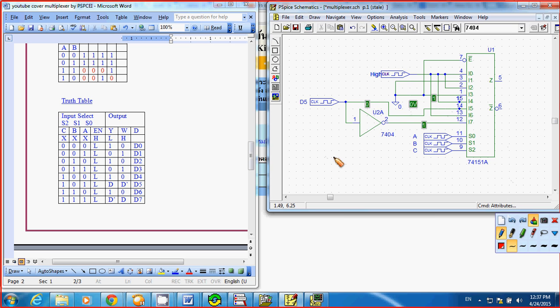Now what about the rest? You have D5 with the input logic to be 101, and at D5, right, you expect output to be D, so that's why I also have D input here. That's why I connect D5 to input D. But for the complement at D7, I have D7 here.